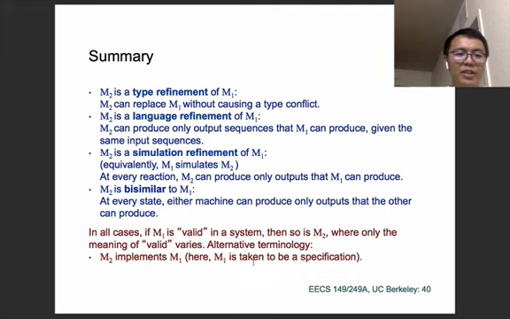The second is, if we want to check that M2 is a language refinement of M1, the only thing we need to do is to check if M2 can produce only output sequences that M1 can produce, given the same input sequence. And third, if we want to check that M2 is a simulation refinement of M1, we just need to check at every reaction if M2 can produce only the outputs that M1 can produce.